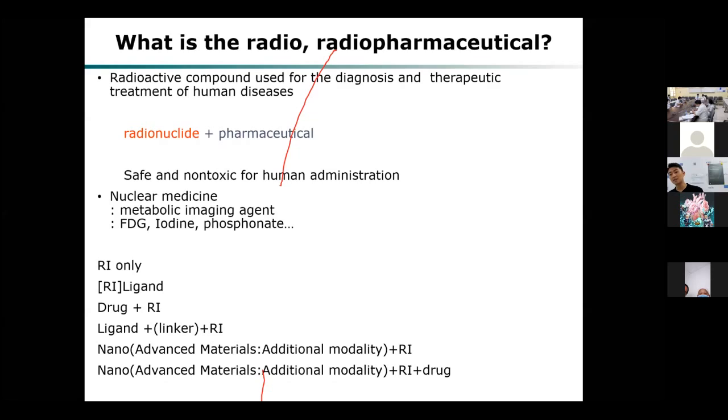And next, we cut out just the important part of the drug. It means a ligand for targeting some region, with a linker, and later we successfully make a ligand conjugated with a radioisotope. In this case, a peptide or other small molecule is an example. And a more advanced thing is nanoparticle study.